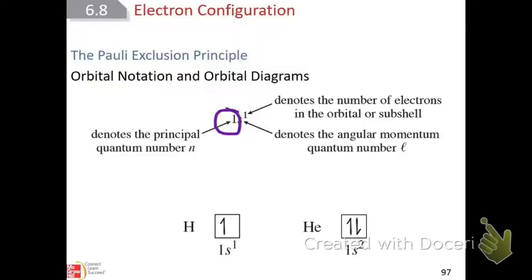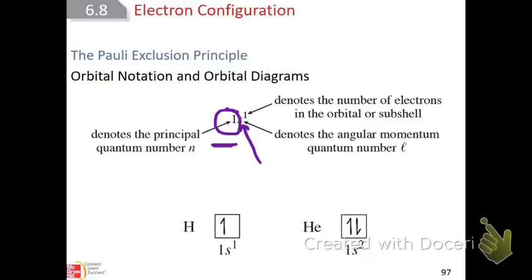Then you have the s. That's telling you the shape, which is generated by the energy of the electron, called the angular momentum. It's called that because it is the momentum of the electron and its spin that generates that particular shape, denoted by the quantum number L.